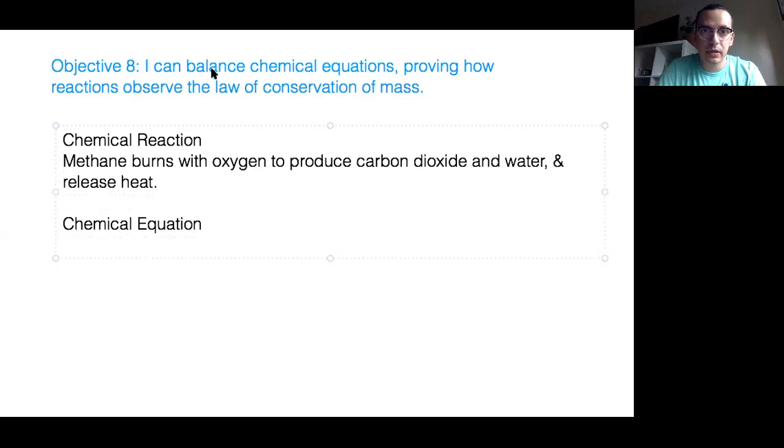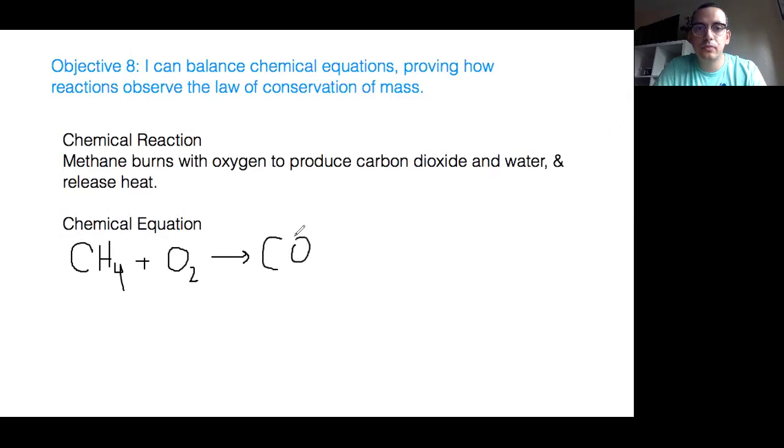And I'm going to have to do this by drawing it. CH4 plus O2 produces CO2 plus H2O.